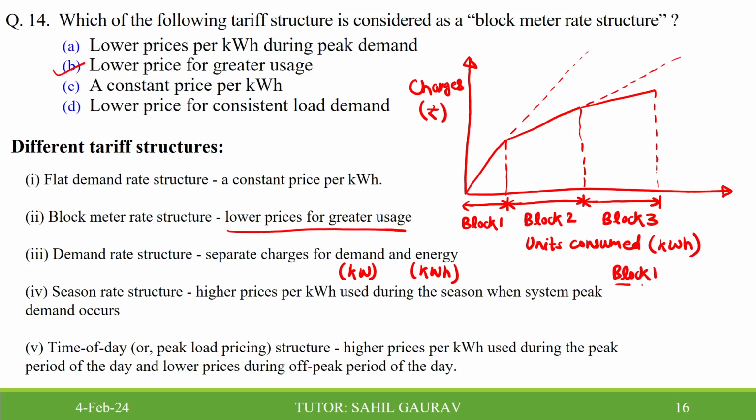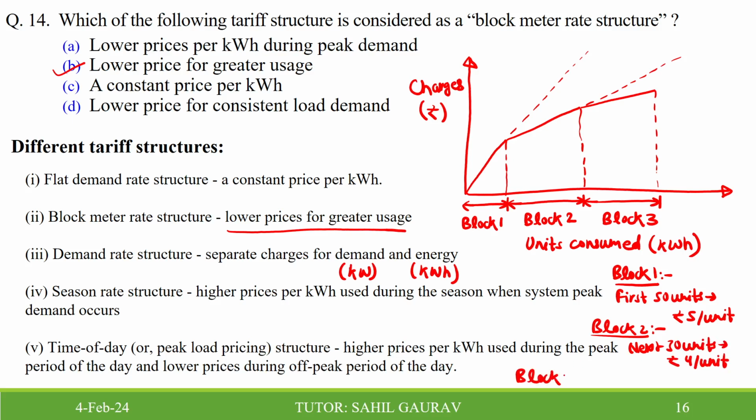For block one, we can say the first 50 units are charged at rupee 5 per unit. For block 2, let us say 30 or 40 units, it is charged at rupee 4 per unit.